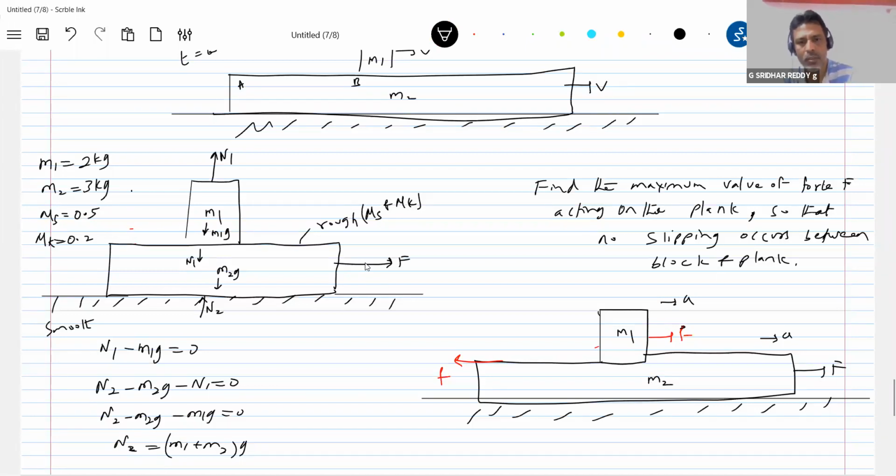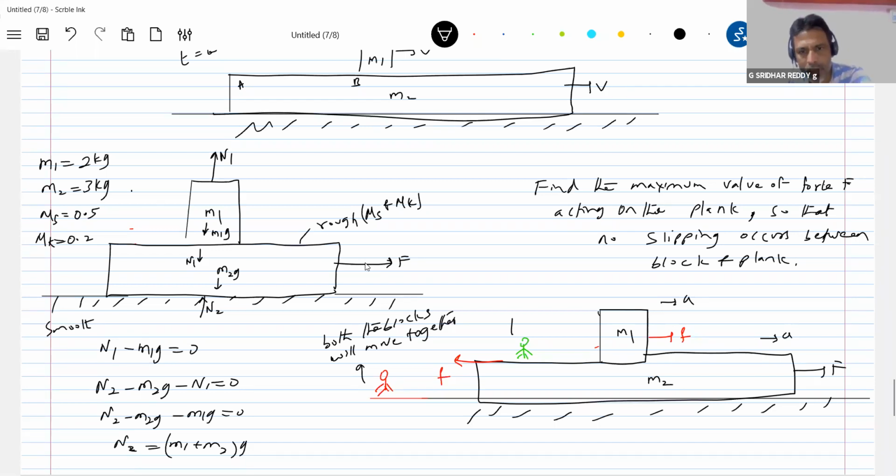Okay, fine. So here we'll appoint some persons: the person on the ground and the person on the plank. Now what does this person say, what is the comment from him? Both the blocks will move together.